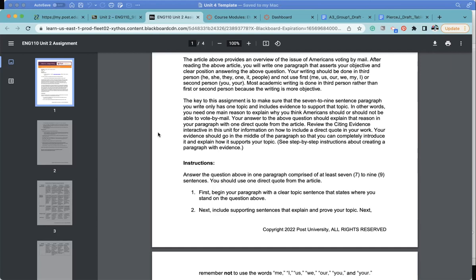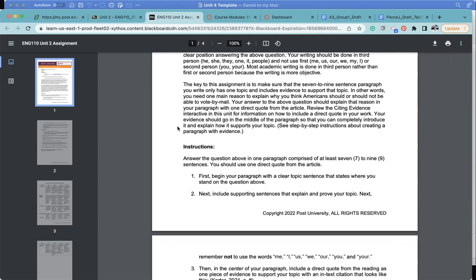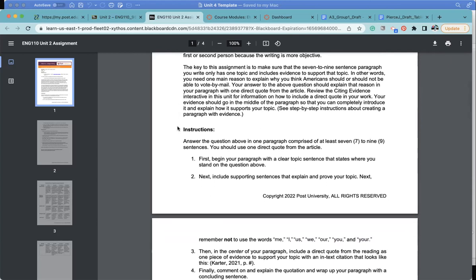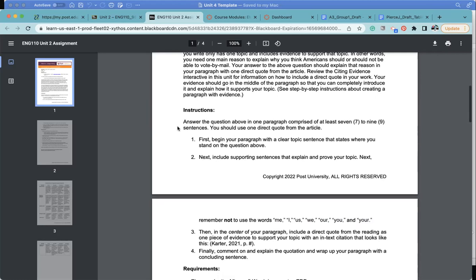Your answer to the above question should explain that reason in your paragraph with one direct quote from the article. Review the Citing Evidence Interactive, which we looked at in this unit, for information on how to include a direct quote in your work. Your evidence should go in the middle of the paragraph so that you can completely introduce it and explain how it supports your topic. So you don't want your quote at the very beginning or at the very end. You want it somewhere in the middle.